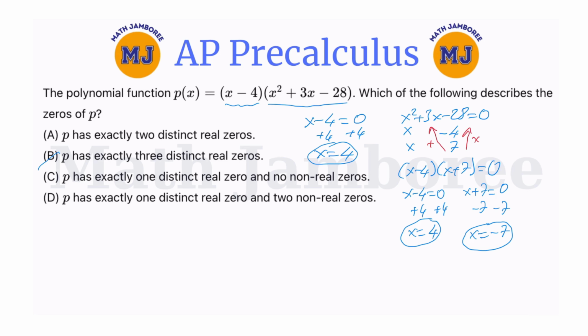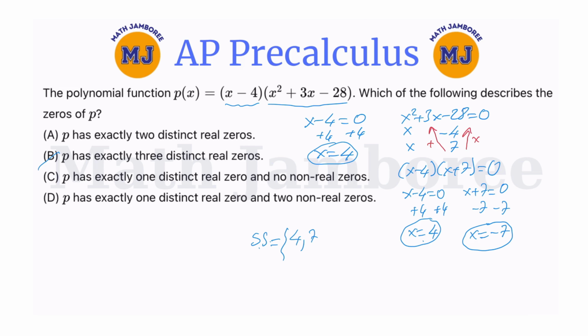They might select choice B, which is not the case. P has exactly 2 distinct real zeros because the 4 and 4 are the same. So we have 4 and negative 7 as the solution set, or zeros.